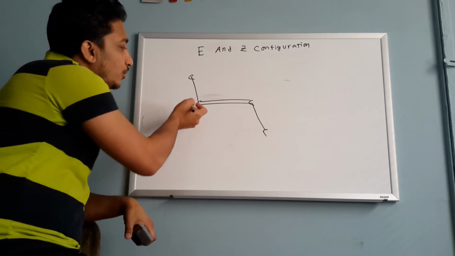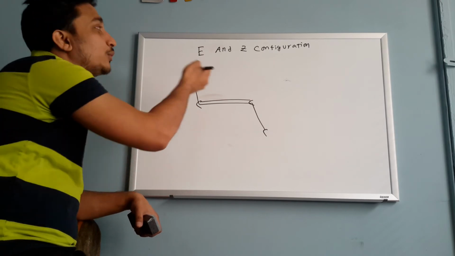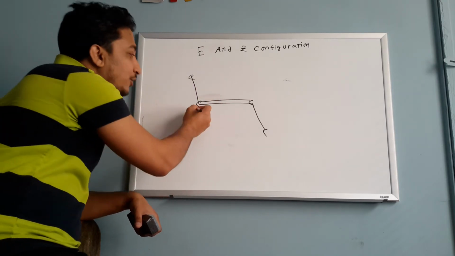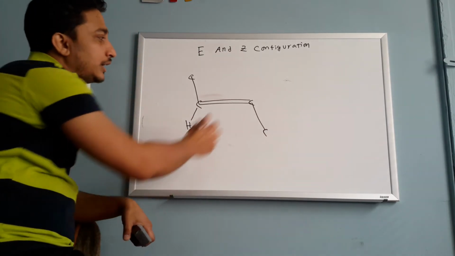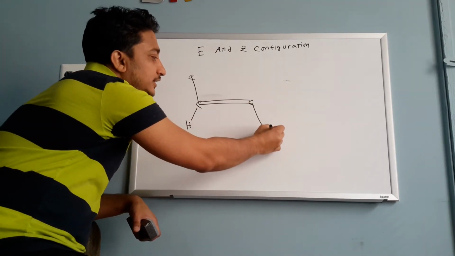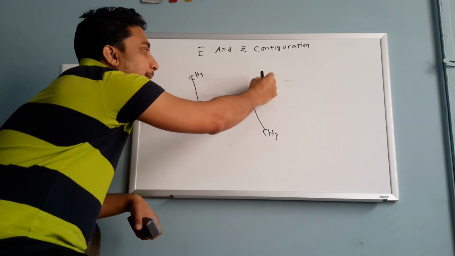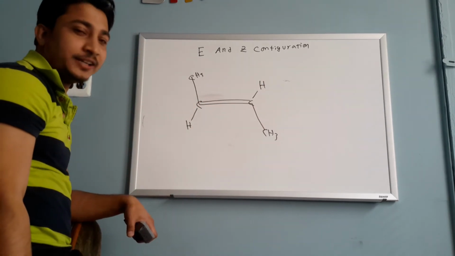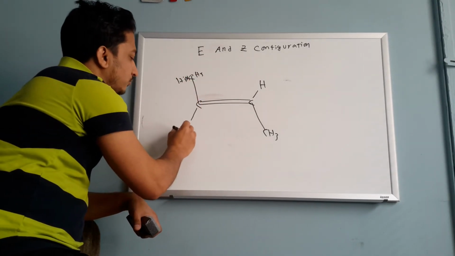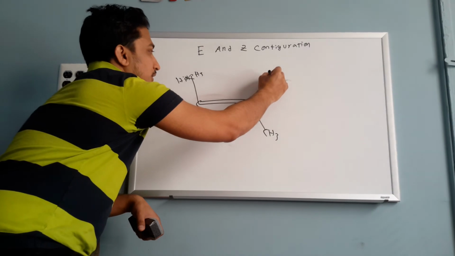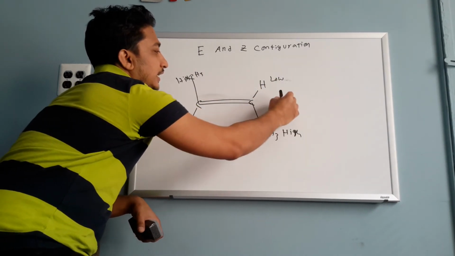So look, if one carbon is going up, in a bond line formula my hydrogen is obviously going to the down position. If this one is down, CH3 is in the down position, that means my hydrogen is up, right? So look, this is high, this is low, this is low, this is high, it is E configuration.